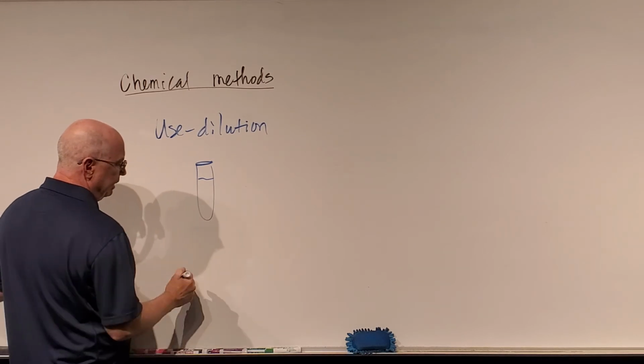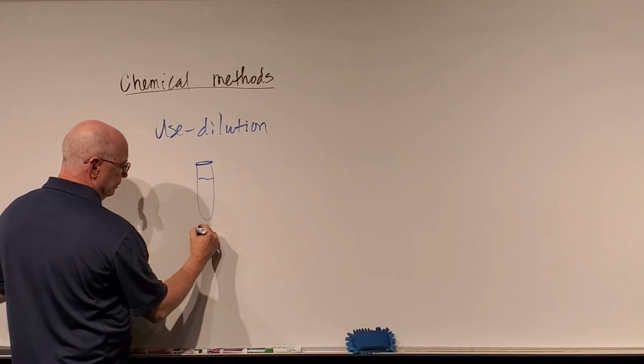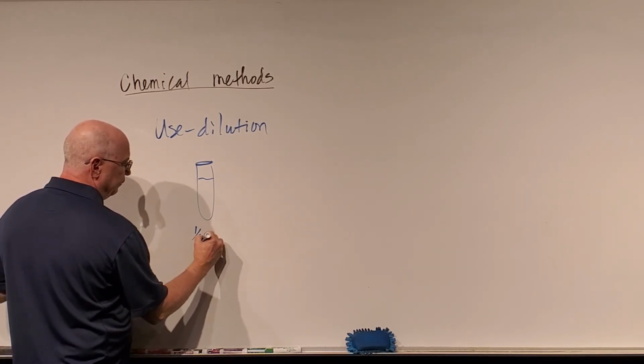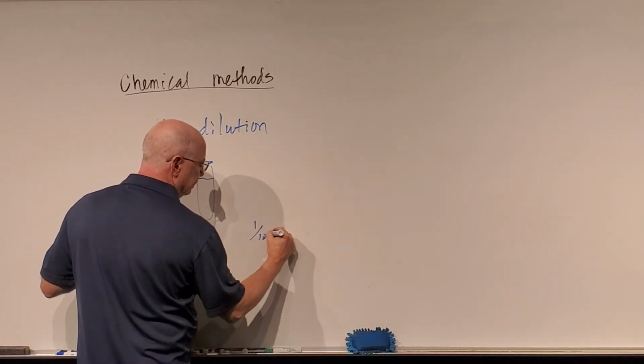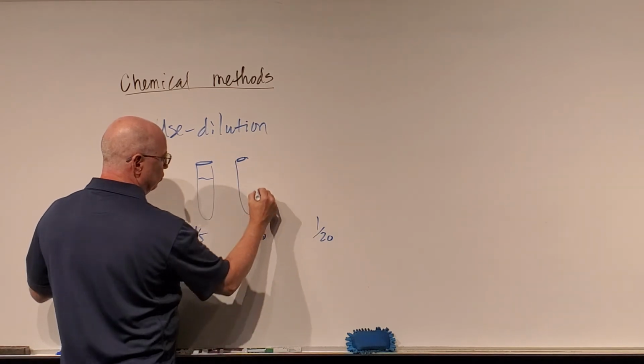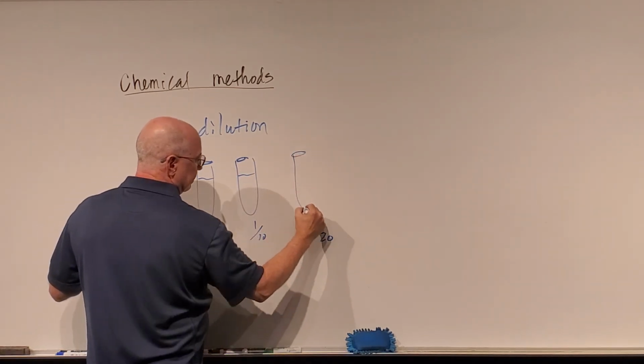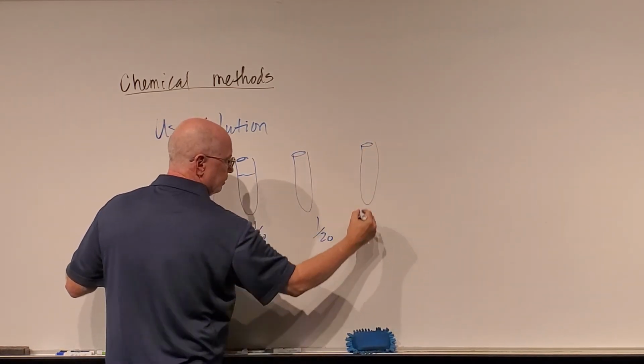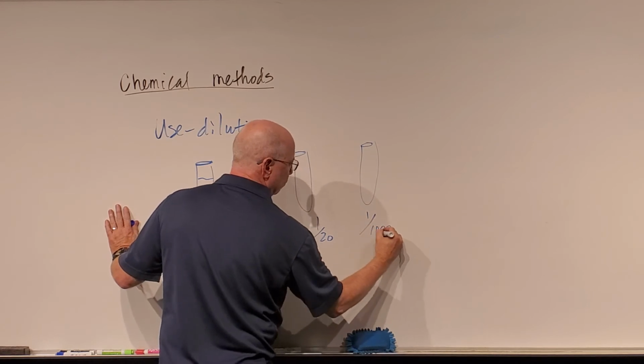So I can have a 1 to 5 dilution, a 1 to 10 dilution, a 1 to 20 dilution. So the amount of substance that is in water, and I can look at say 1 to 1,000.